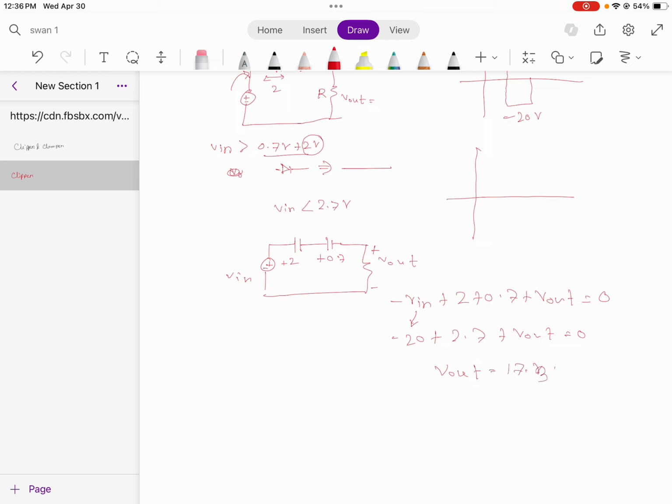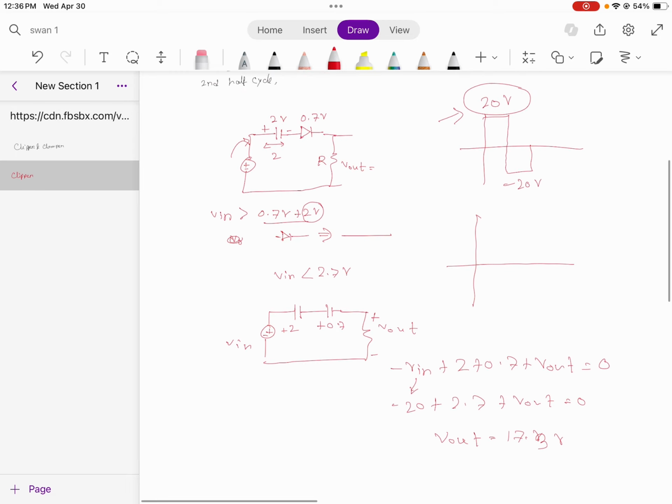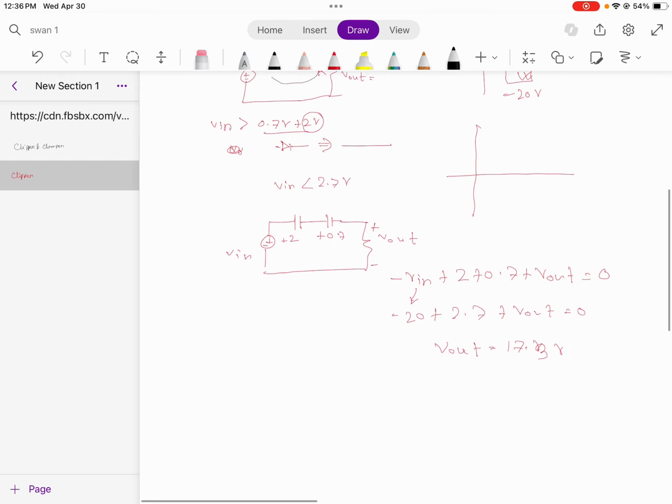But what happens in the negative cycle, which we are interested in now? For the negative cycle, the reverse voltage appearing across this diode is not only 20 but also this 2 volt, because both portions are connected to the negative side, so the diode will never work in the negative cycle.